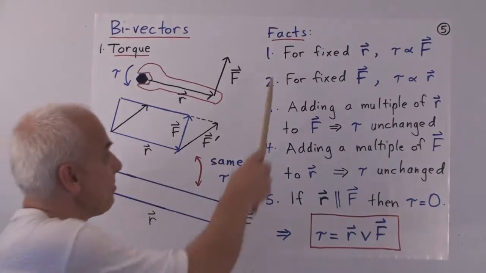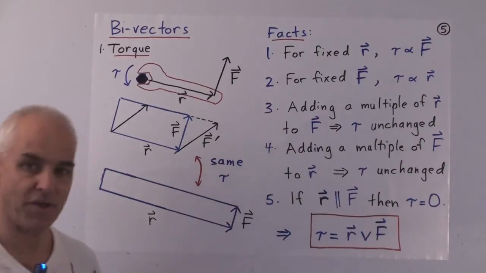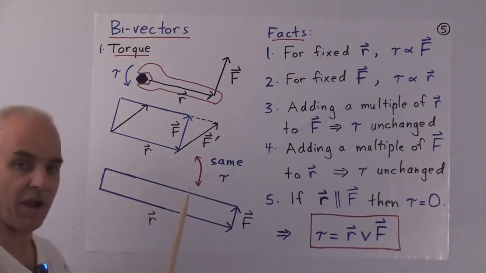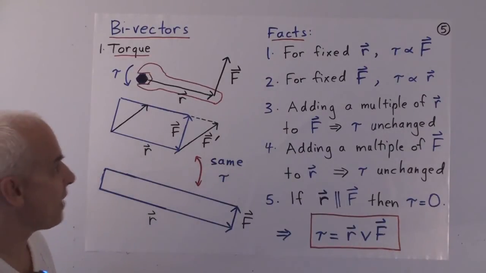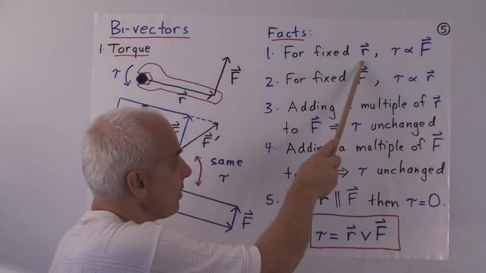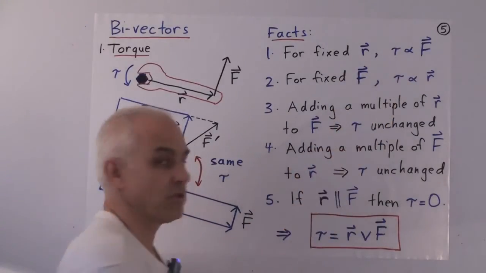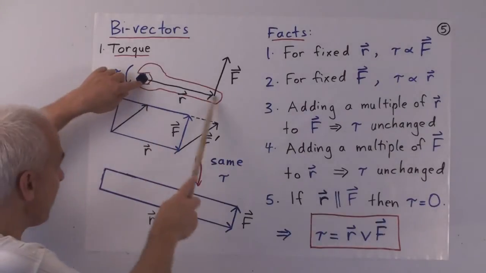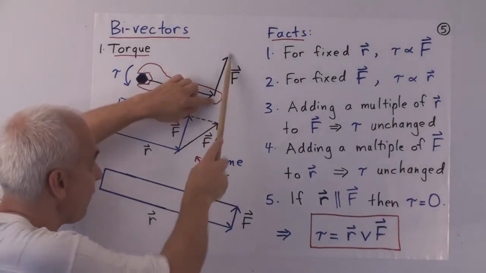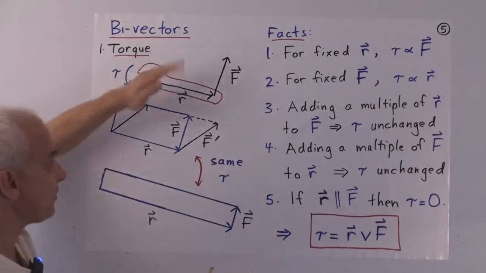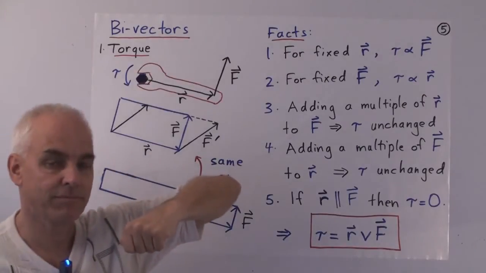In other words, here are some empirical facts that you can determine by just experimenting with wrenches. That for a fixed R, the torque is proportional to the force. So if that length is fixed and we double the force, then the amount of twisting is doubled.